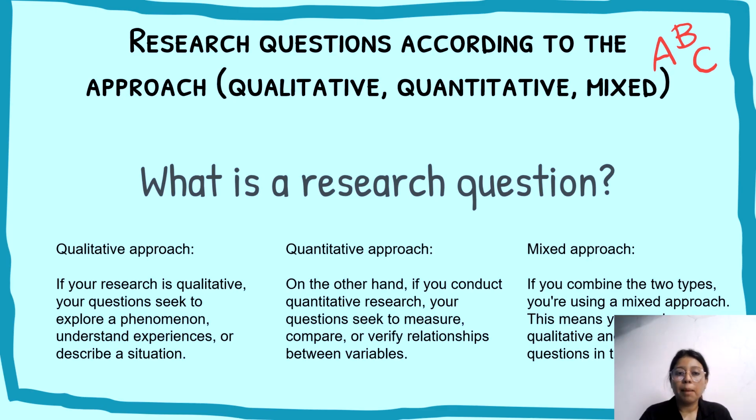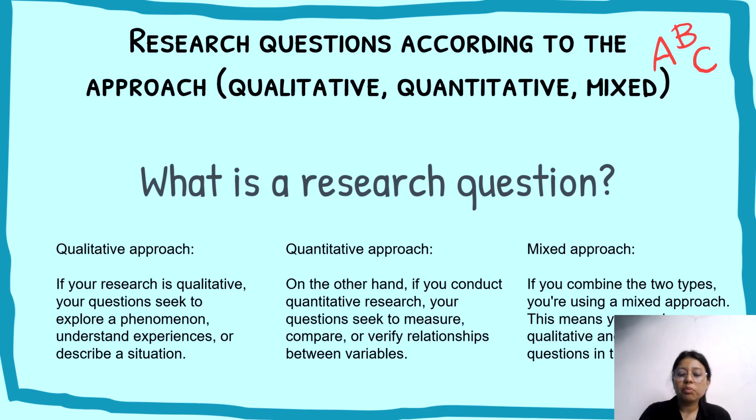A mixed approach. If you combine the two types, you're using a mixed approach. This means you can have qualitative and quantitative questions in the same study. For example, qualitative: how do students perceive their motivation to study?